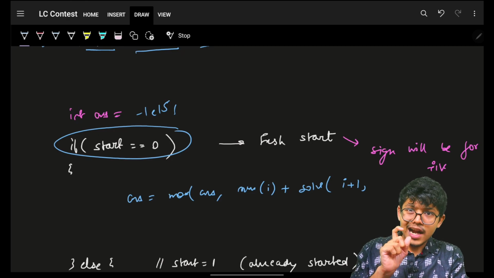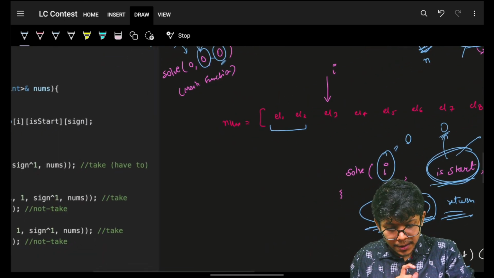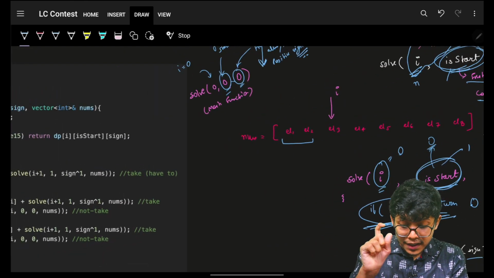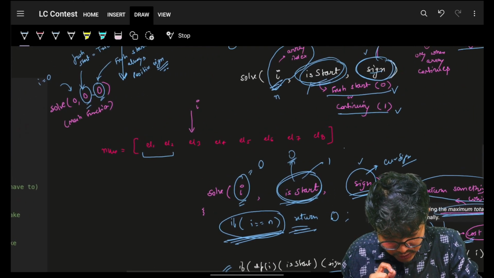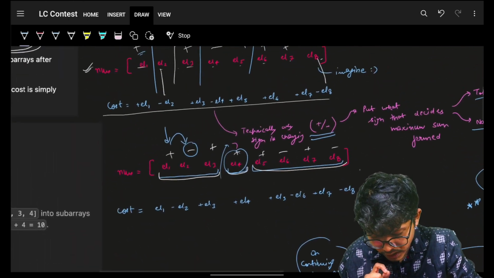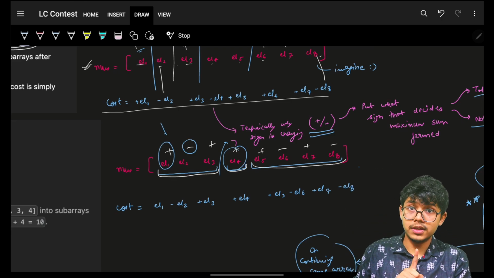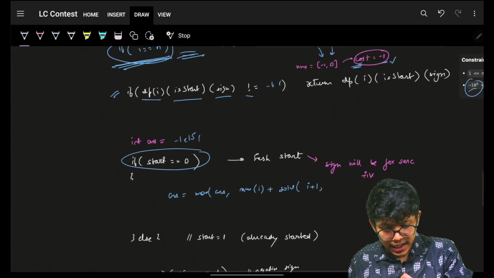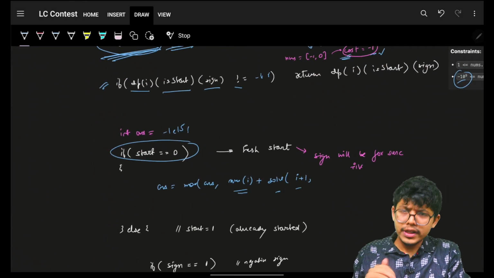If I'm starting afresh, as you can see, if I go back up, I know one thing for sure, that I will have to take this element. I cannot skip this element. I will have to take it, and the sign will also be positive. So as you can see, I took this element, the sign was positive. Now go to the next element.